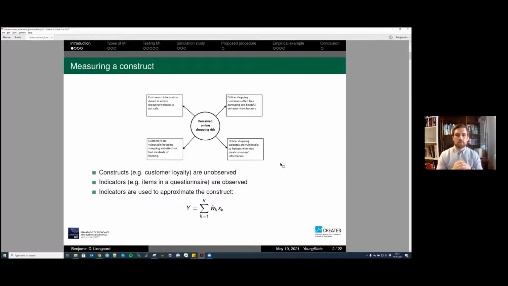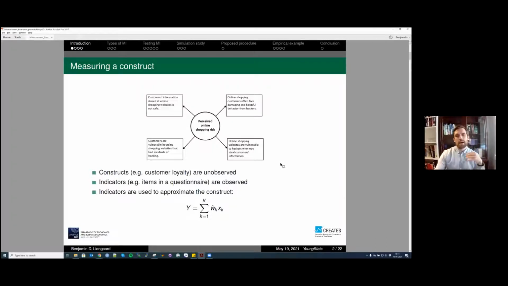So first we need to set the context of this research. And to do that, I think it would be easiest for you to think about questionnaire designs. What we are often interested in in partial least squares structural equation modeling is measuring relations between different constructs.